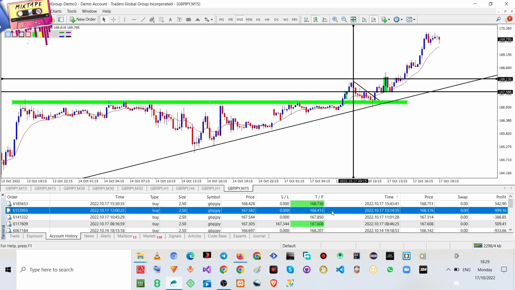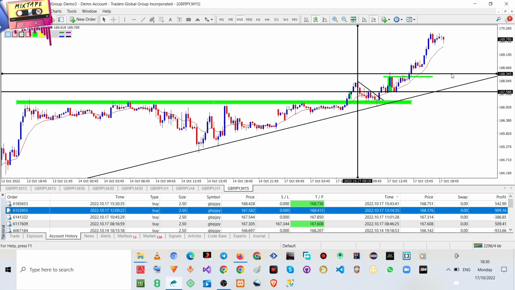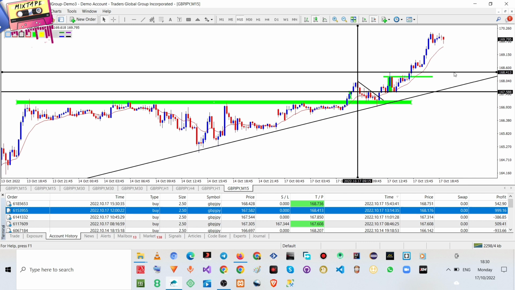Yeah, so the third trade now, the third profitable trade, which was a 30 pip trade, was basically from the break of this resistance that had been formed right there. Let me look for the price. 168.428, so it's around 168.428.